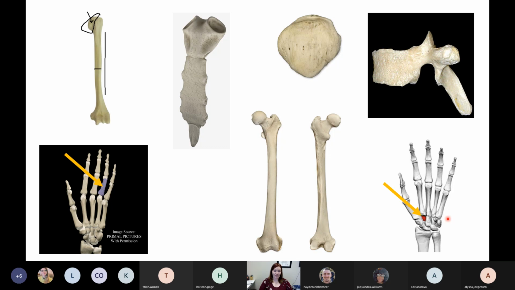Want to pause for a moment? Do we have any questions about the way that we classify bones in the body? Or if you're feeling good, shoot me an emoji. Let's see. Yes. An emoji like that one. For my friends on the recording, I just sent in a bone emoji.